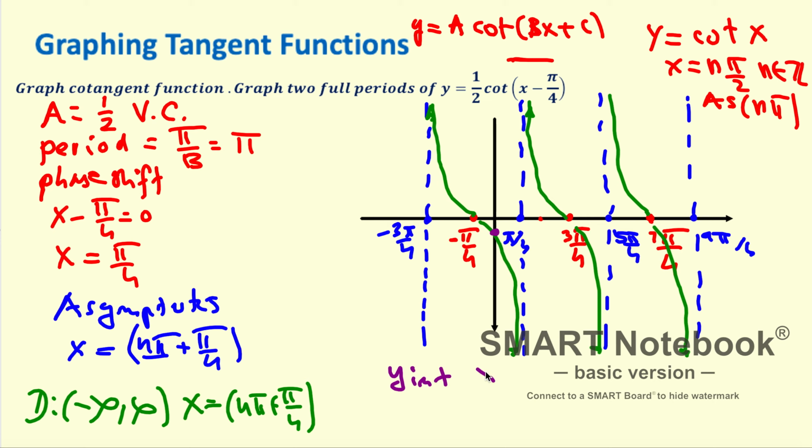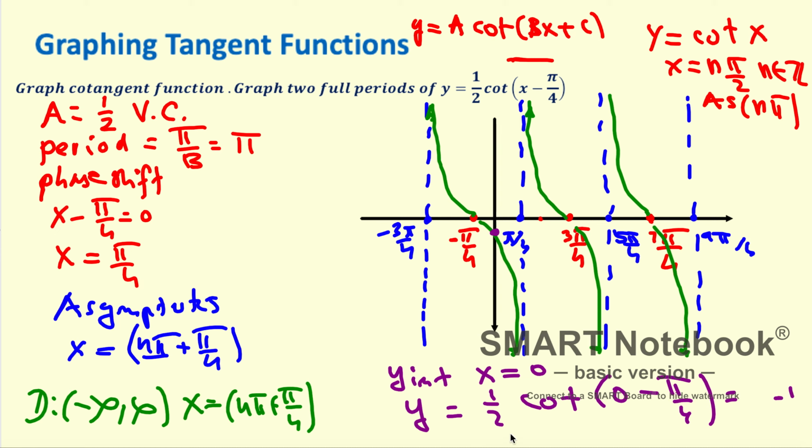To find the y-intercept, we set x equal to 0. So we can write cotangent of 0 minus pi over 4, and cotangent of negative pi over 4 is minus 1.